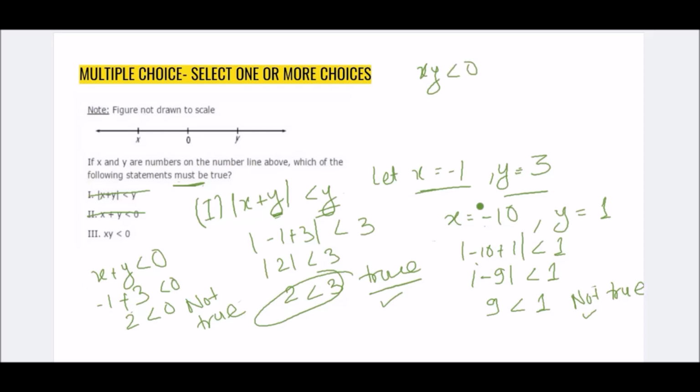Put the value, minus 1 into 3 is less than 0. It implies minus 3 is less than 0. That is true. Now for the second case, minus 10 into 1 is less than 0, which implies minus 10 is less than 0.